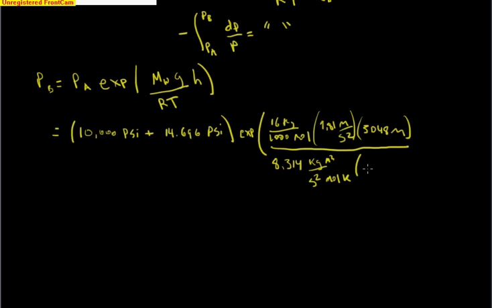So that's going to give us 310.93 Kelvin. Okay, then you just crunch the numbers. I did this earlier, and I got 1221 psia.